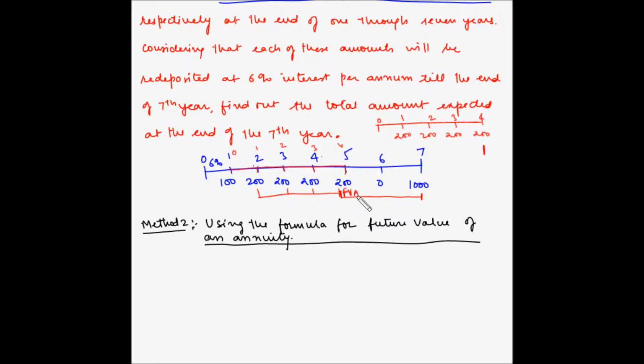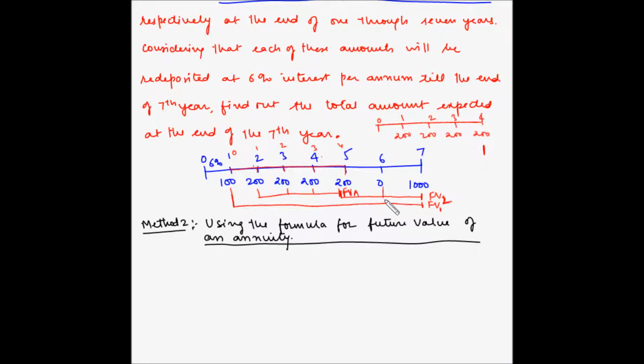So this is FVA. Now this then will become FV1 once we find out the future value up to the 7th year. Then we have this 100 rupees, which we can find out the future value. Let's call this FV1 and this FV2, just to avoid any confusion.